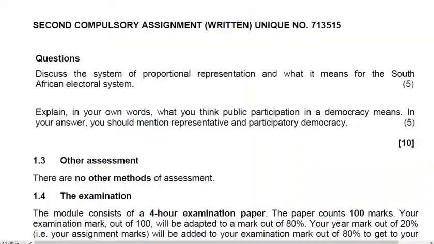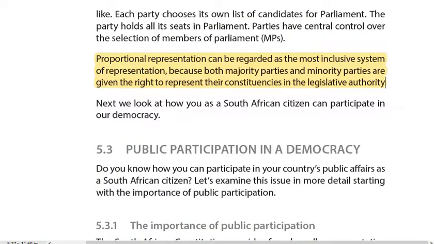Now, let's look at the second part of the first question. What it means for the South African electoral system. What does the system of proportional representation mean for the South African electoral system? The answer is, proportional representation can be regarded as the most inclusive system of representation because both majority parties and minority parties are given the right to represent their constituencies in the legislative authority.